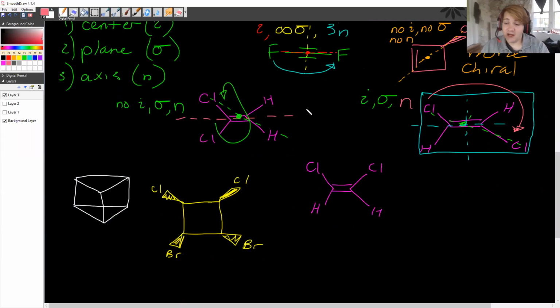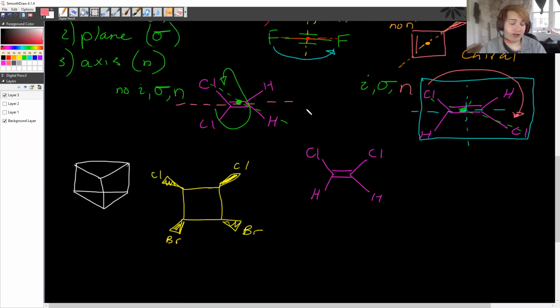Again, if you find one thing, you know it's achiral, right? So is it important to find all of them? No, but it's important to be able to talk about all of them. Same thing here. Here's a plane of symmetry. I don't believe there's a center of symmetry, but there are a couple of planes of symmetry, actually.